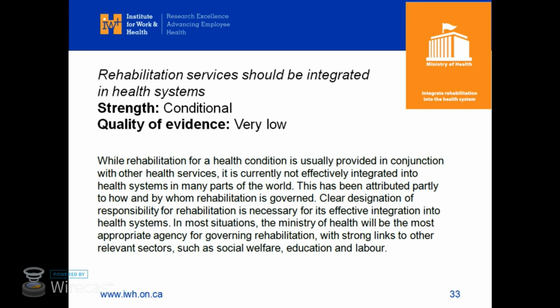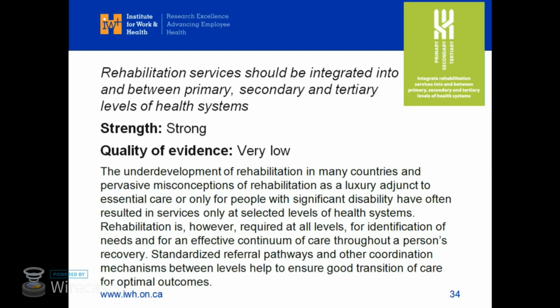The second recommendation was also based on very low quality evidence, but the Guideline Committee voted, and they voted strongly in favor of this: that rehabilitation services should be integrated into and between primary, secondary, and tertiary levels of the health system.